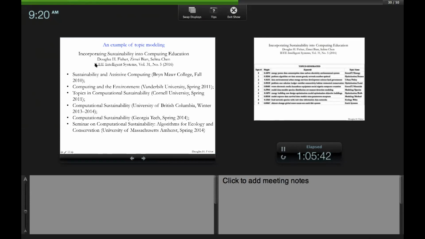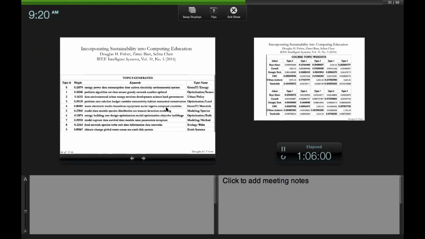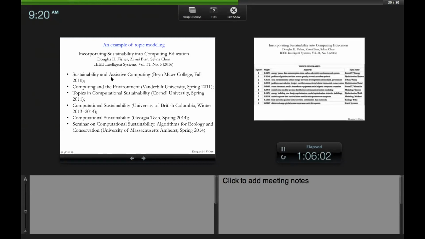And so one thing Zime, Celine, and I did is we took all the documents from all the computing and sustainability courses that we could find a while ago. And these are sort of early papers. We took all those documents and we put them into a single set.